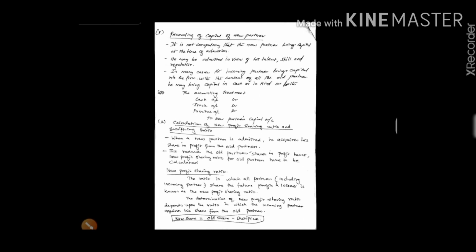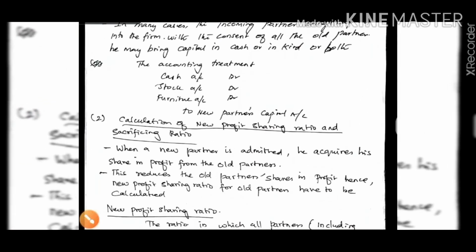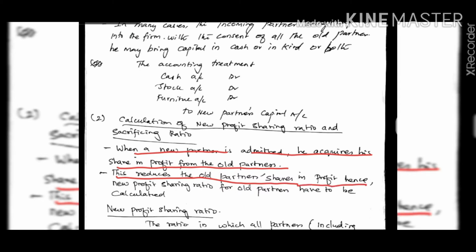Here, to calculate the new profit sharing ratio, when a new partner is admitted, he acquires his share of profit from old partners. This reduces the old partners' share of profit. Hence, the new profit sharing ratio for old partners has to be calculated.